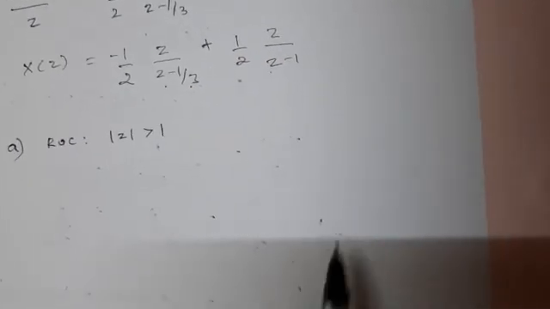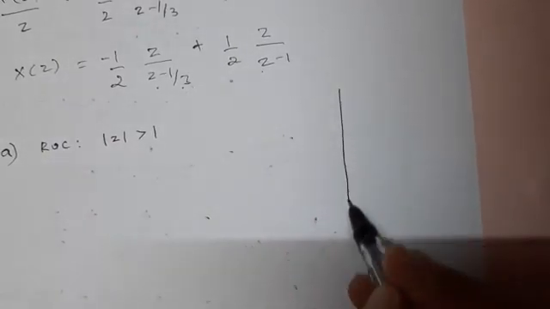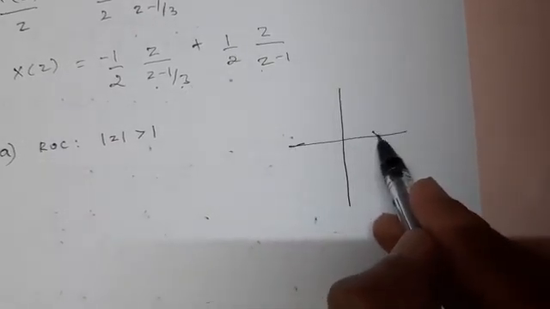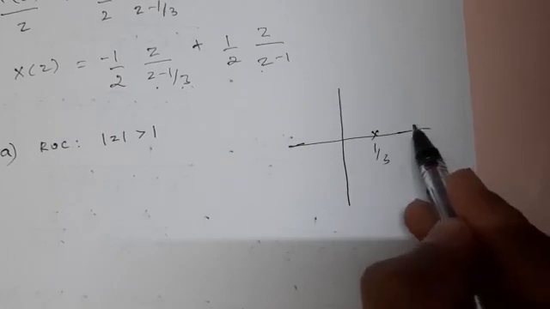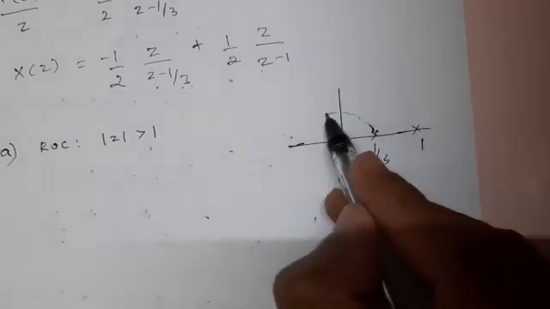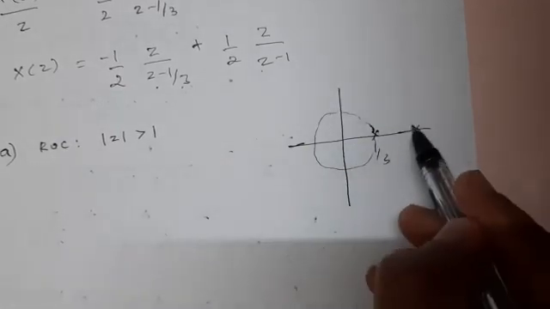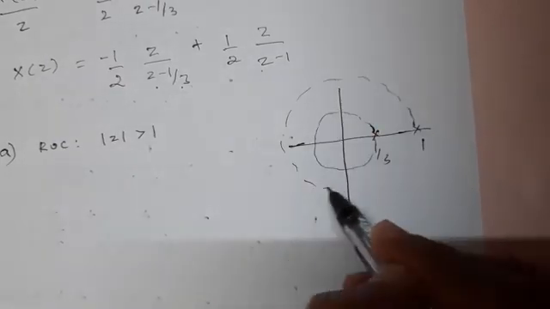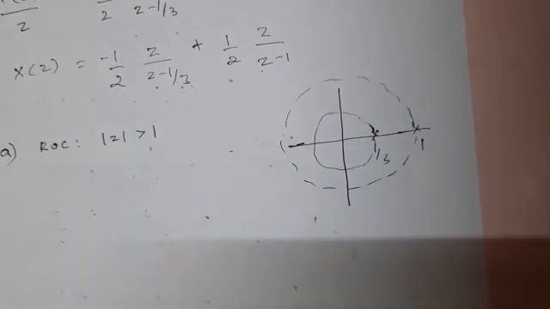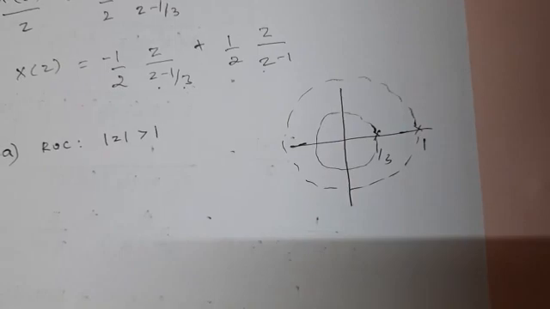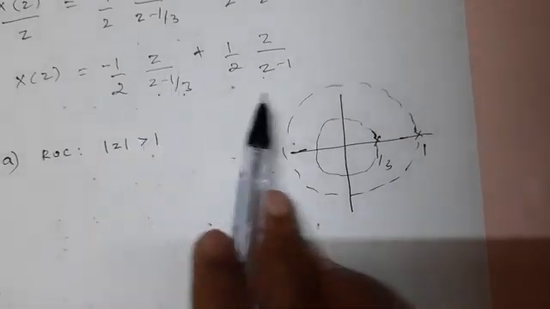If you write the ROC for this, one pole is at 1/3 and one is at 1. I am just drawing the circles. I don't know what the other values of z are, ROC |z| > 1, less than 1/3, I don't know. First I will write the poles for it.